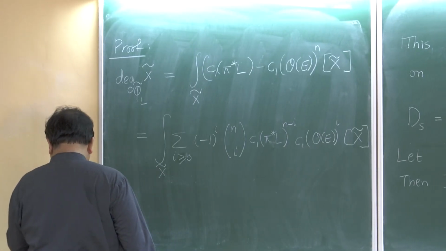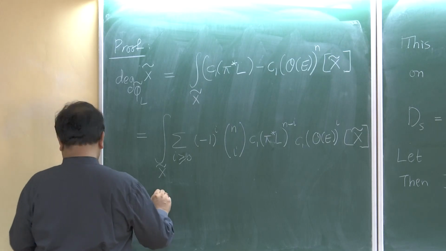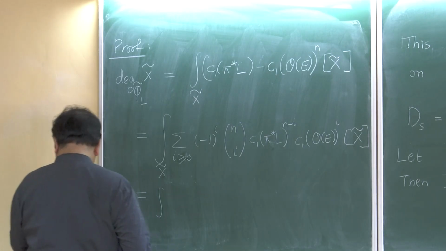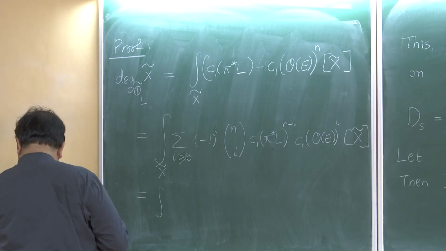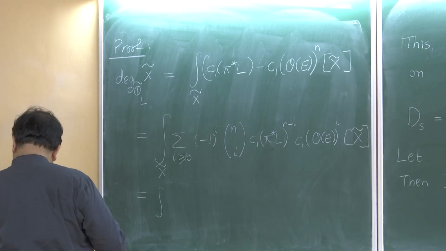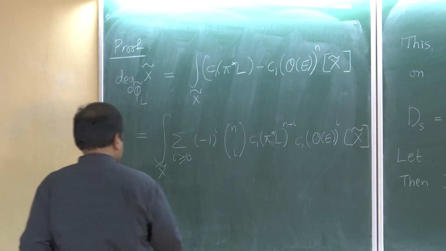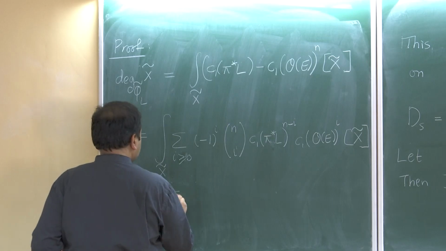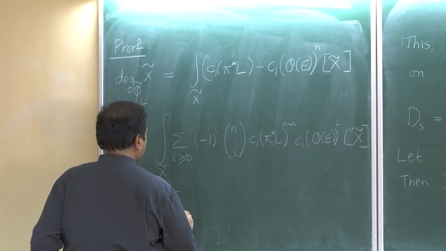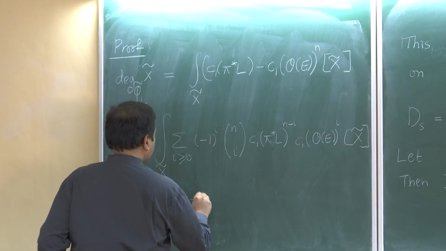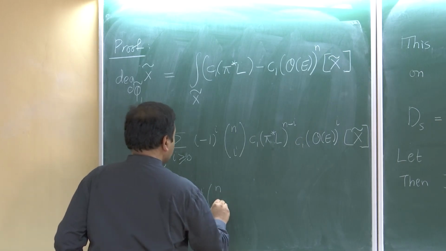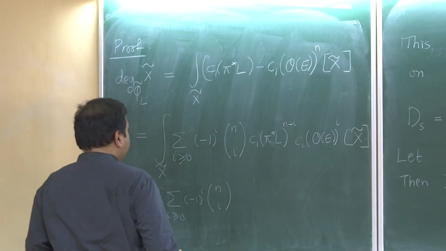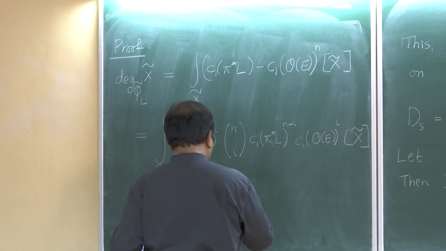but for that, this is equal to the integral over x of summation I greater than or equal to 0, minus 1 to the power I, n choose I, of C1L.